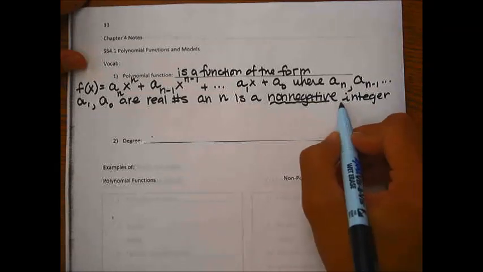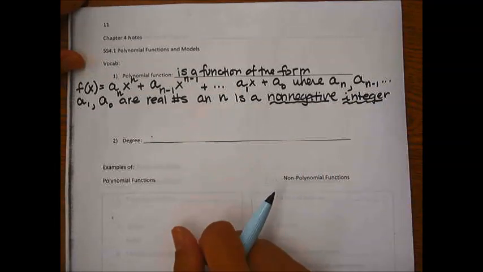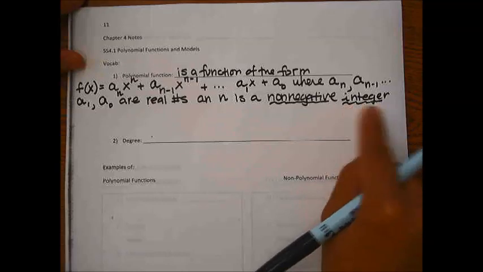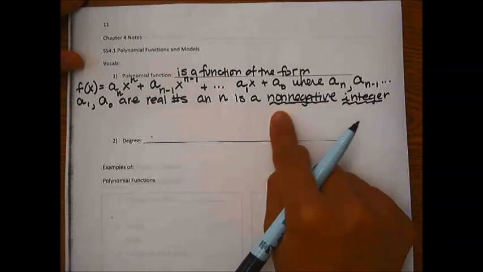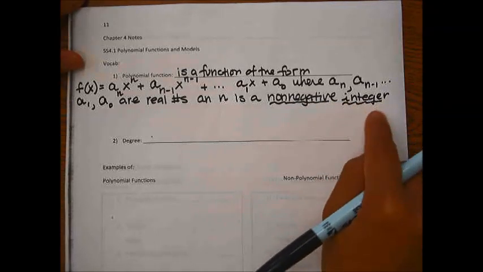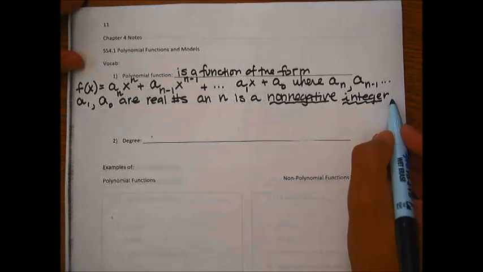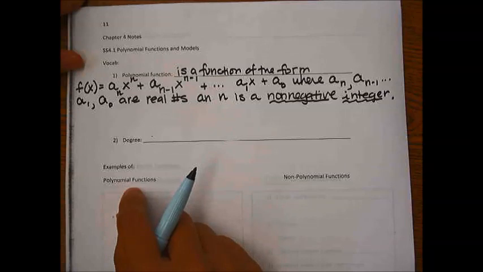So non-negative integer. Integers are usually positive or negative whole numbers, but because we said non-negative, now we're really talking about positive whole numbers. So that is our definition of a polynomial function.